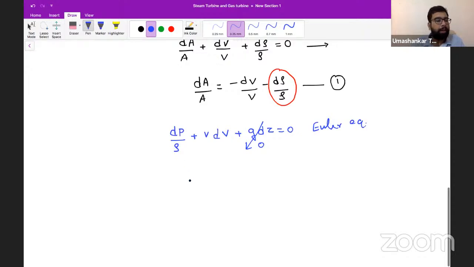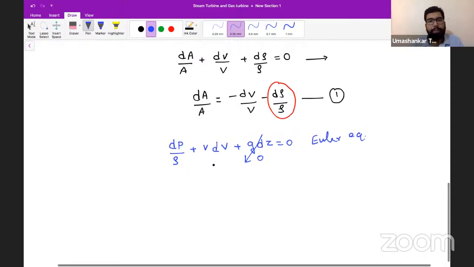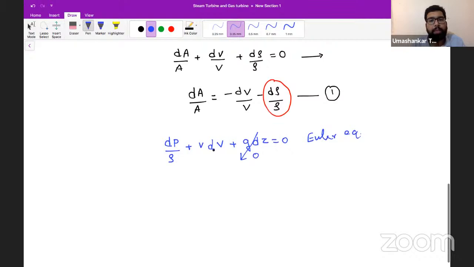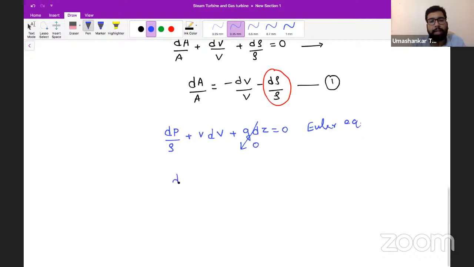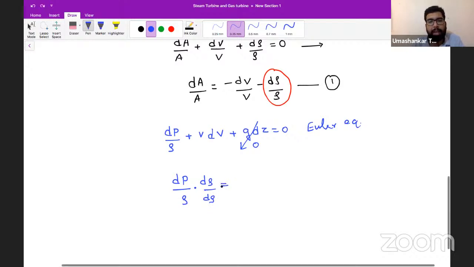What I require here is d rho by rho. So see what I am doing. dp by rho is here. If I multiply by d rho and divide by d rho, will it make any difference?